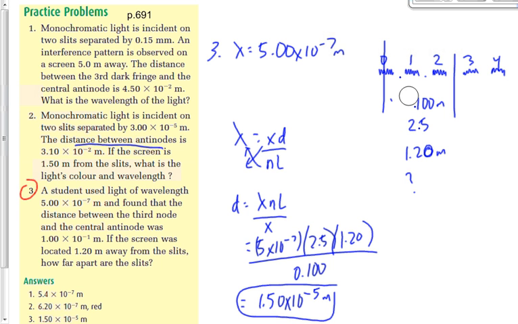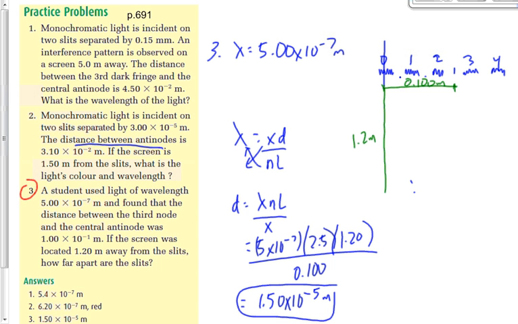Let's erase this stuff, actually. Give me some space here. We know what the value of x is. We know that this value was, what was it? I erased it. 0.100, right? We know what the value of L is. It's 1.2 meters.